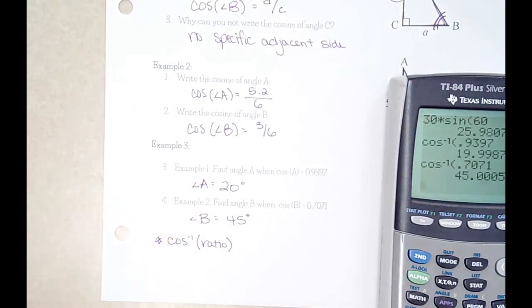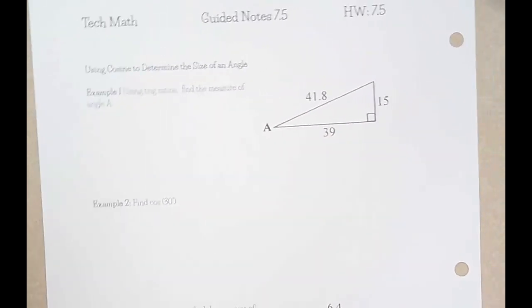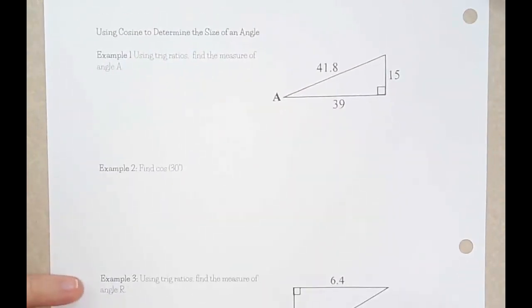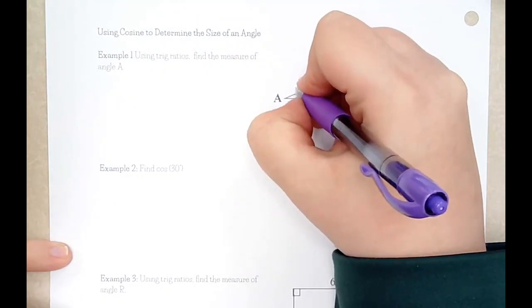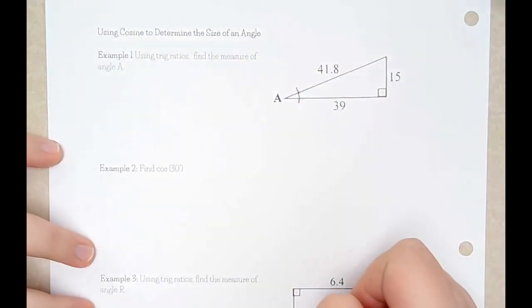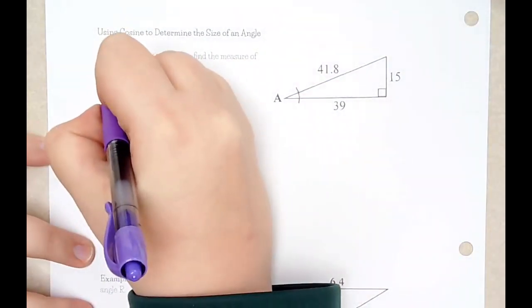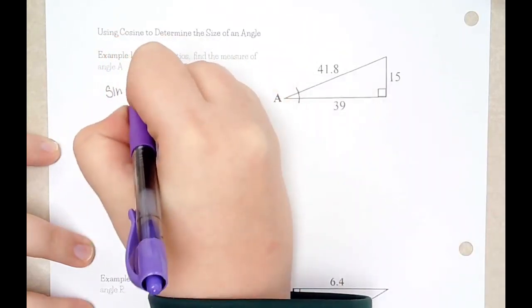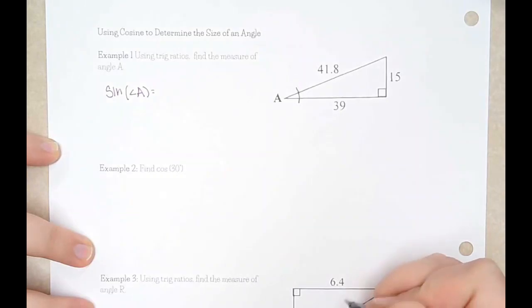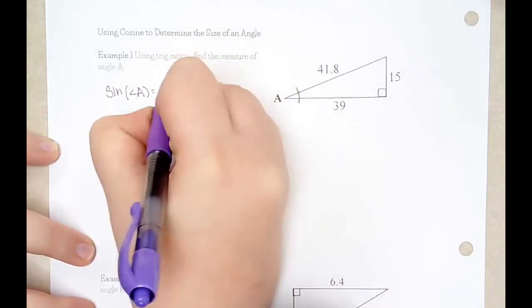We just have a few more examples of using cosine. So again, if we want to use trig ratios, we want to find the measure of angle A. We can do this with cosine or with sine, doesn't matter. I'm going to set it up both ways. So let's use sine first because we're familiar with that. Sine of angle A is equal to opposite over hypotenuse.